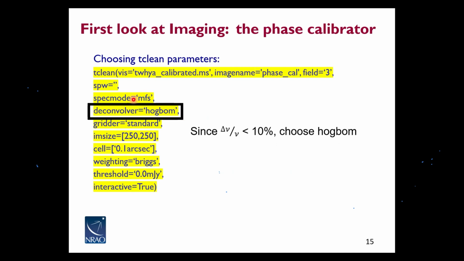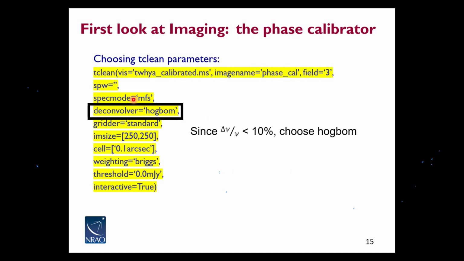And we are using hogbom as a deconvolver. So a simple explanation for hogbom is that it assumes that each component that tclean finds has a single amplitude across all the frequencies. And because in this case we have a very limited, less than 10% fractional bandwidth, this assumption should be okay, and we're using hogbom.